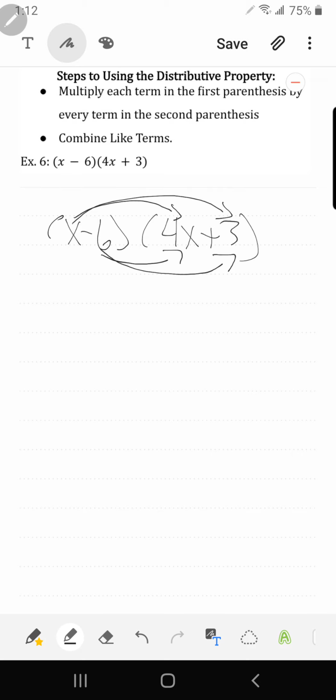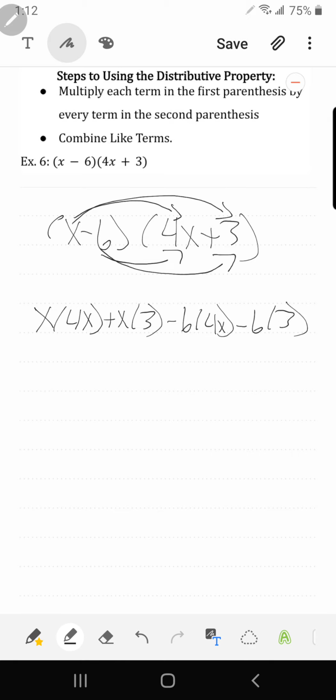So now to rewrite it, I'm going to have x times 4x plus x times 3. That's the first term from the first binomial multiplied to the two terms of the second binomial. Second one, I'm going to take the negative 6 times 4x minus 6 times 3.